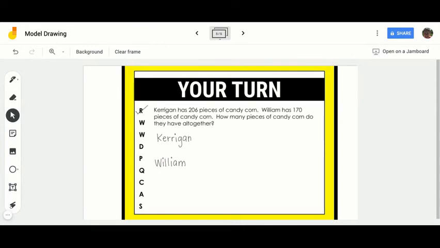All right, we can check mark our who. And now we're to our next W, and our next W stands for what. So what do Kerrigan and William have? Well, they have candy corn, my favorite. So I'm going to put my apostrophe S, Kerrigan's candy corn, and William's candy corn.